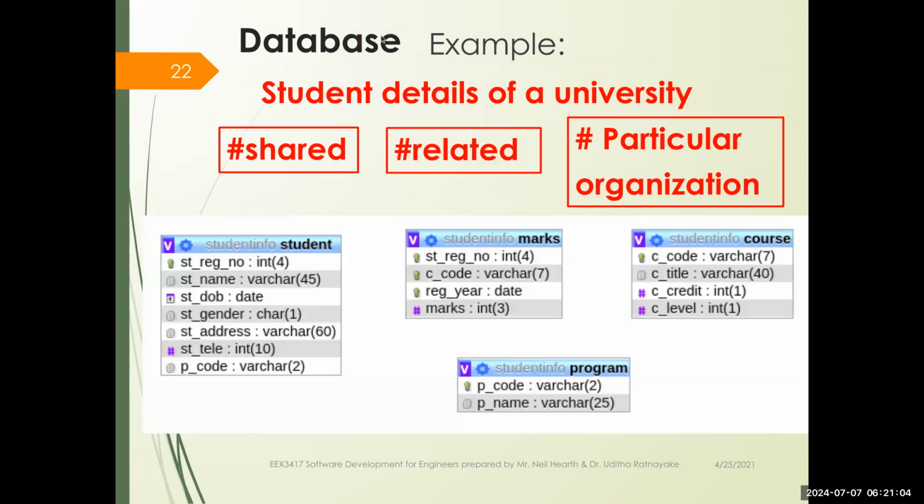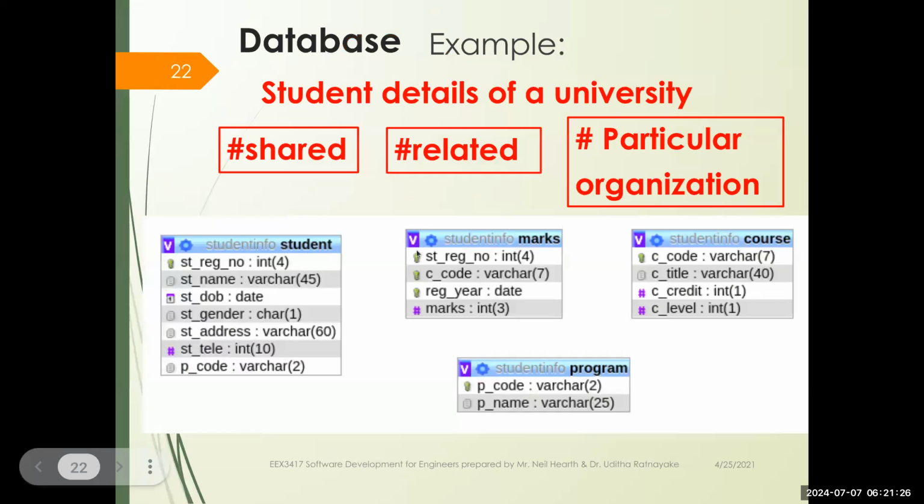This is a database example: student details of a university. These can be shared and are related to a particular organization. There are four tables here.